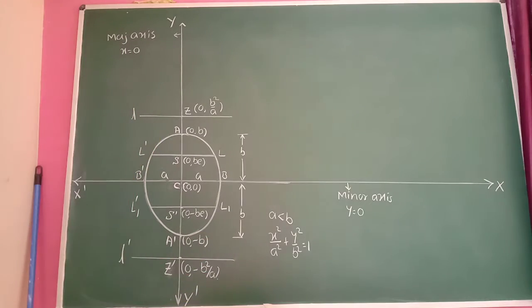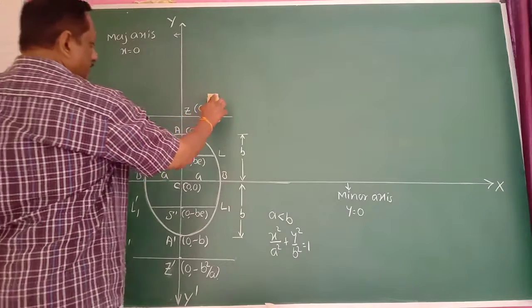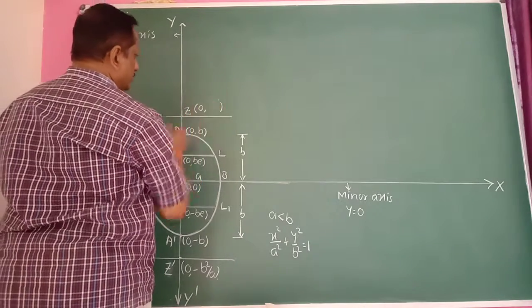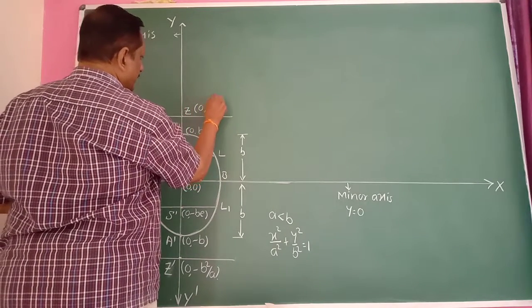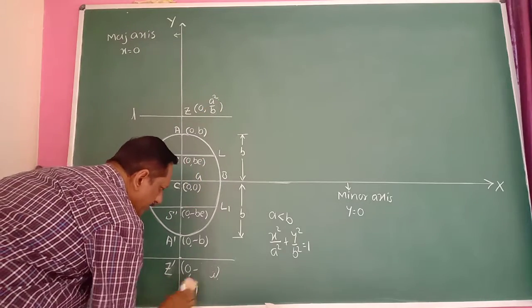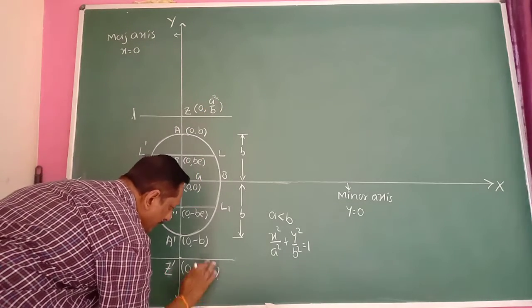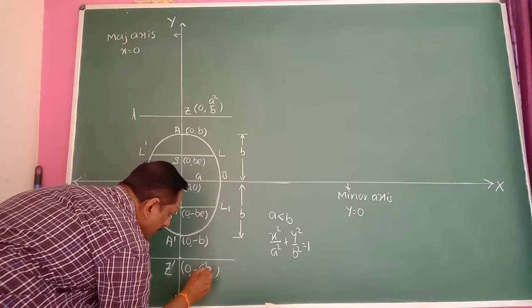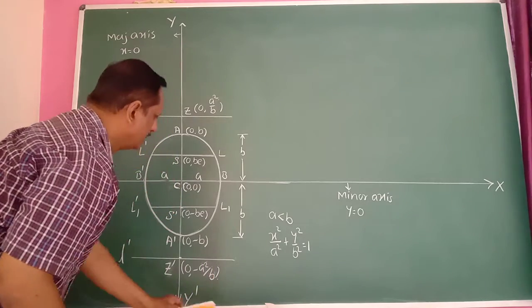Okay, just a minute. It is a square by b, not b square by a. So a square by b, and this becomes 0 comma minus a square divided by b.